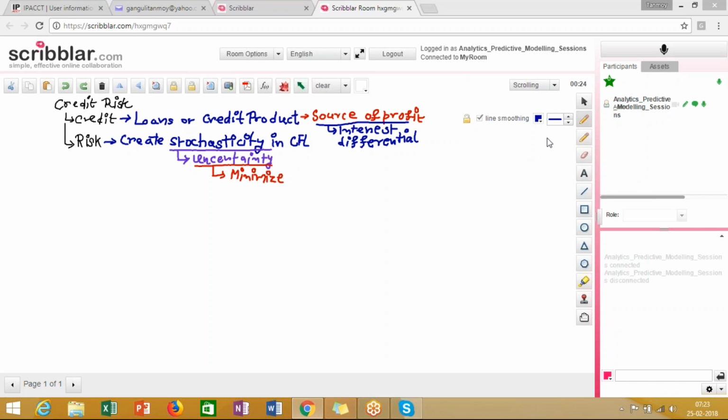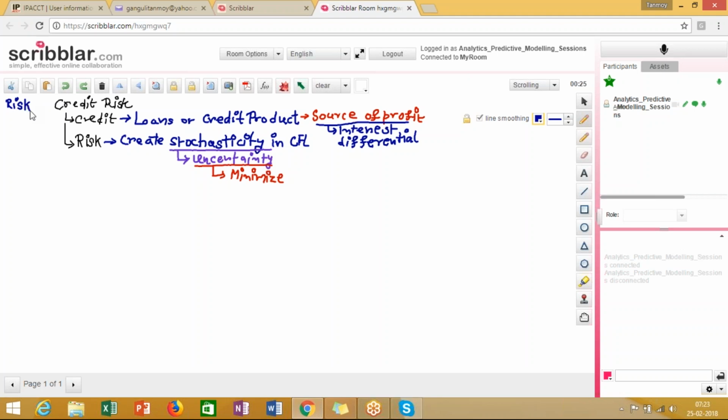Now, in such a scenario, lending becomes really risky, and in order to minimize the extent of the risk, what we have is risk management strategies. And one of the many risk management strategies is credit risk models.